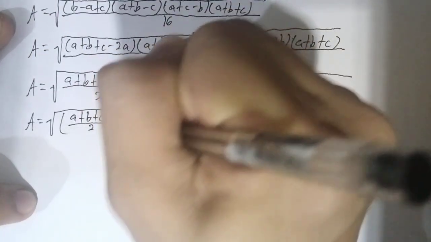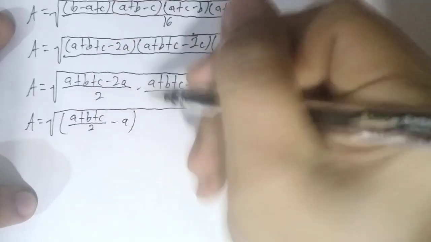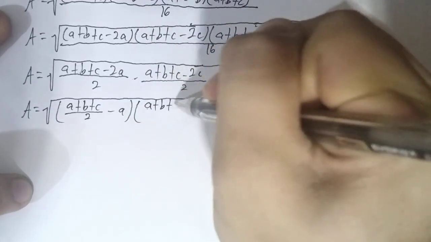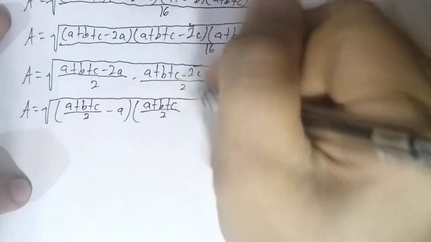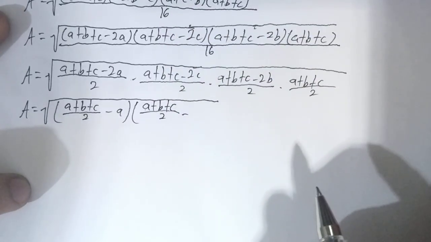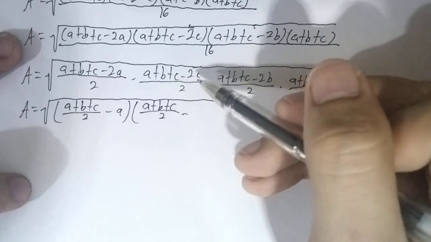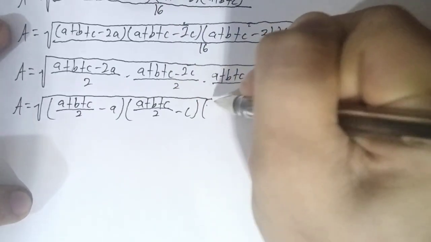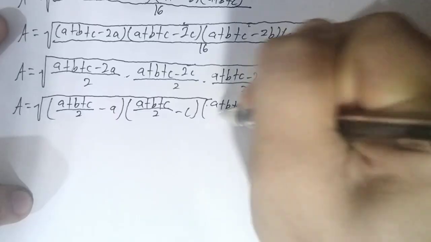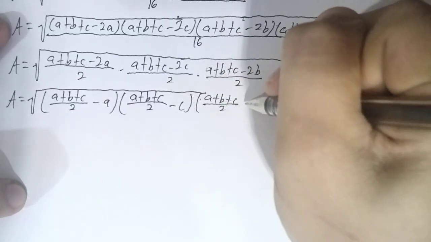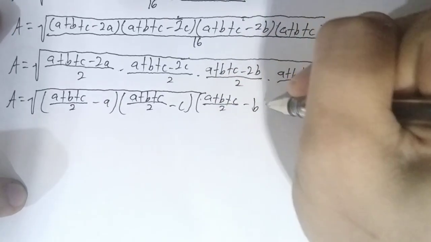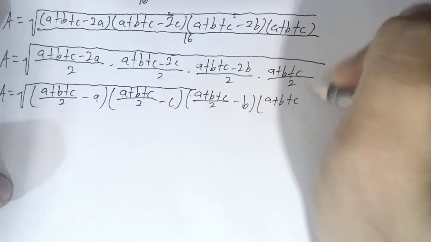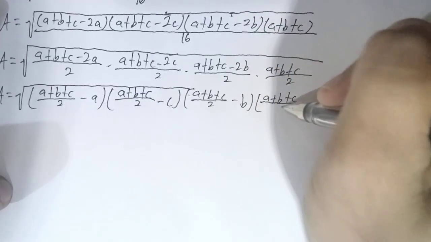So this becomes minus a, multiplied by quantity a plus b plus c all over 2 minus 2c over 2, but 2c over 2 is also c. So this is c. And then a plus b plus c all over 2 minus, same logic, this is b. And then a plus b plus c all over 2.